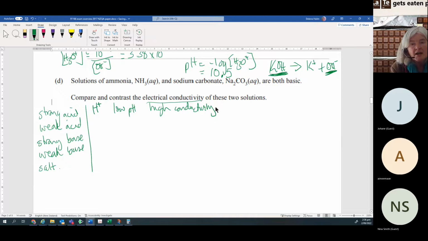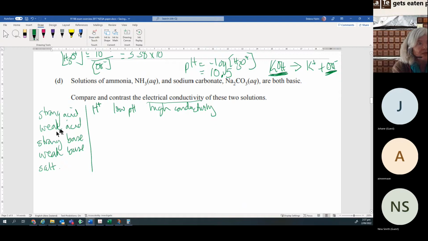It's when you've got moving charges, how many charges can move between 2 points per second. So if you've got lots of charges able to move, then you're going to have a high electrical conductivity. If you have just a low concentration of charged particles, then it's not going to be a very good electrical conductor.